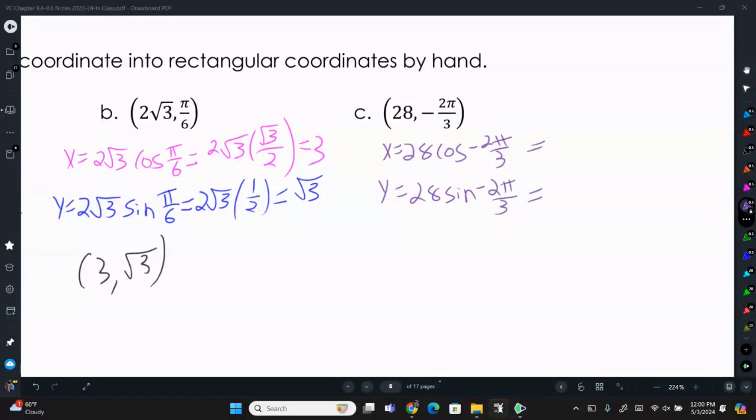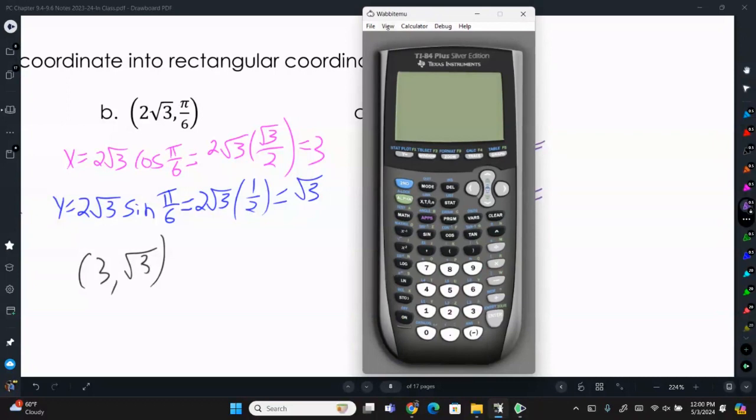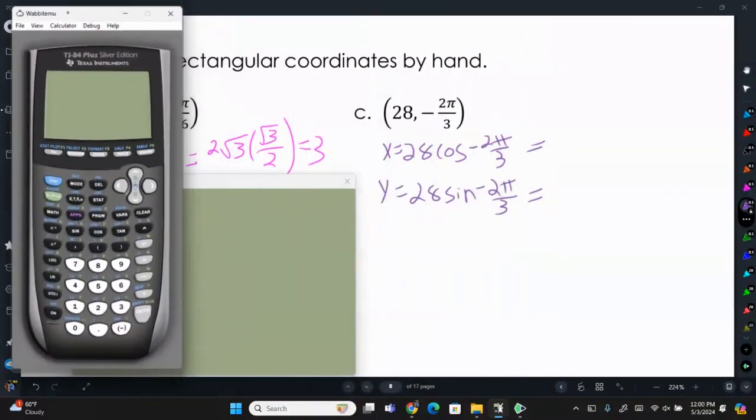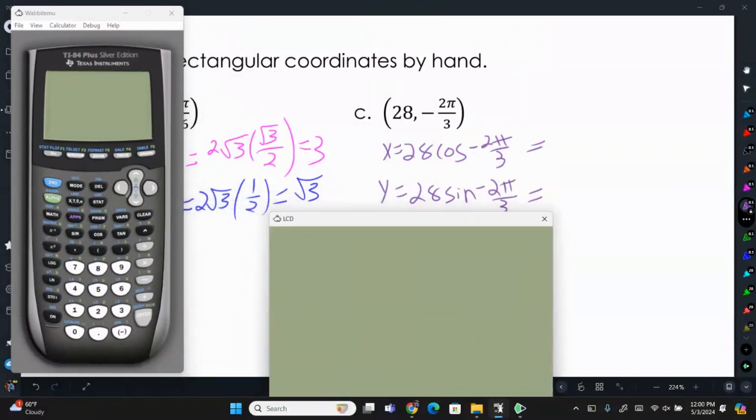So at our calculators, and we're going to have to be in radian mode because those are pi radians. Okay, so 28 times the cosine of negative 2 pi over 3.